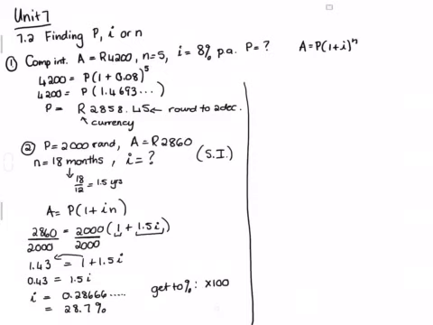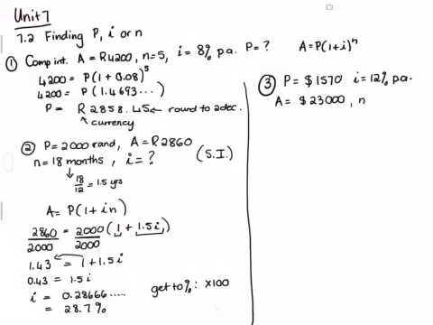Right, let's do one more example. I'm going to say my principal amount was $1,570. My interest rate was 12% per year. And I want $23,000.